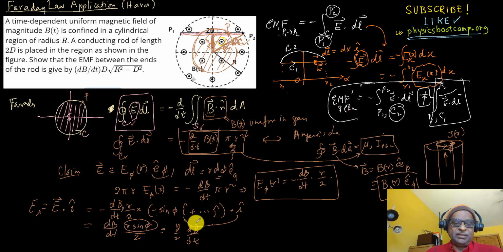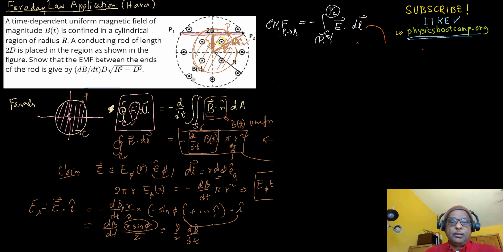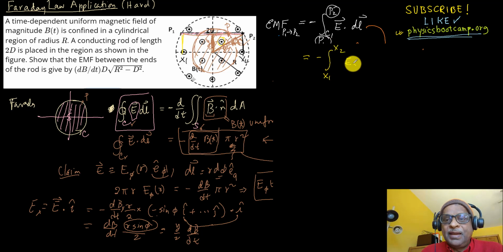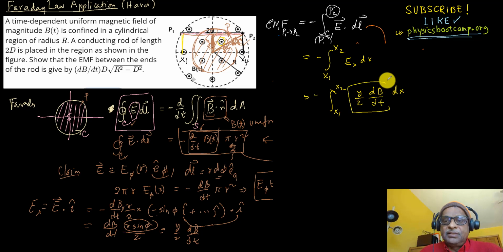Okay, let me erase some of this and then try to do this out. So we go from x1 to x2 of Ex dx, and Ex is this: integral from x1 to x2 of y over 2 dB/dt dx. Now this is independent of x.